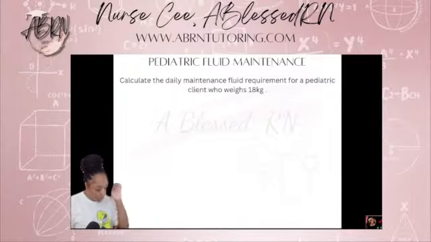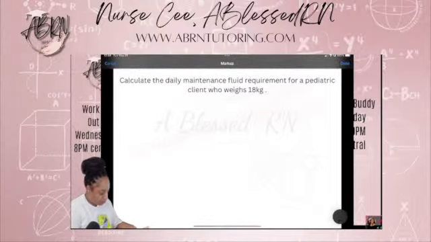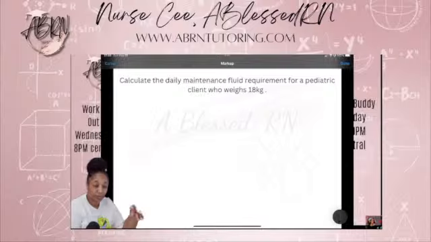All right, so for this one, we need to know that there are different formulas for your fluid maintenance. And it's according to the weight of the patient. So if the patient weighs 10 kilograms or less, they get 100 mLs per kilogram. If they are 11 to 20 kilograms, then they get 1,000 milliliters plus 50 milliliters per kilogram, okay?